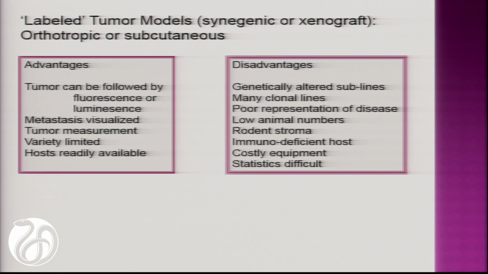The animal numbers used in these experiments are frequently lower because very few animals can be imaged at the same time. So if you have to image every single animal, it can take quite a lot of time. The rodent is stroma, the hosts are immunodeficient, the equipment for doing the visualization is costly, and statistics become difficult.